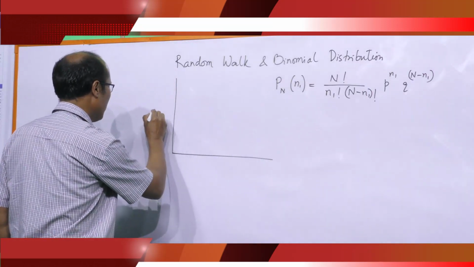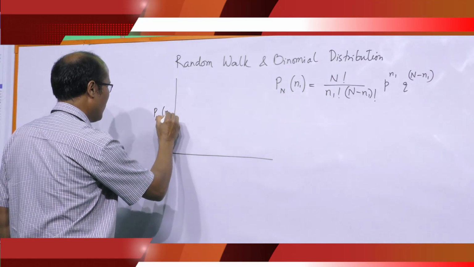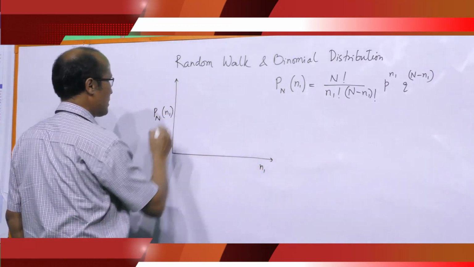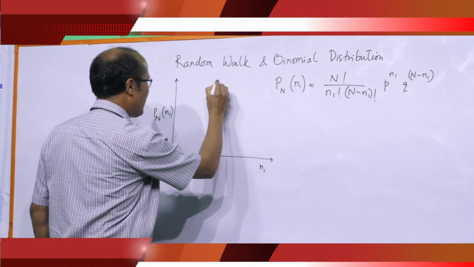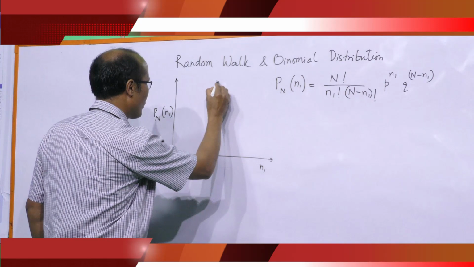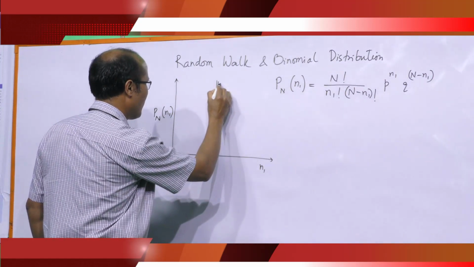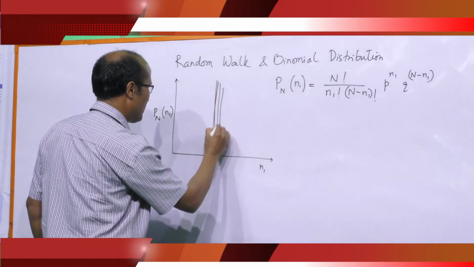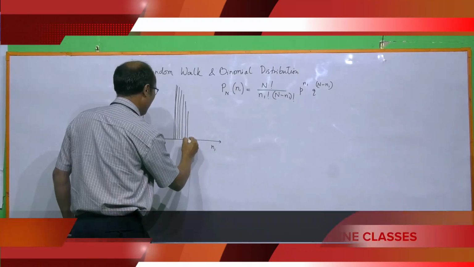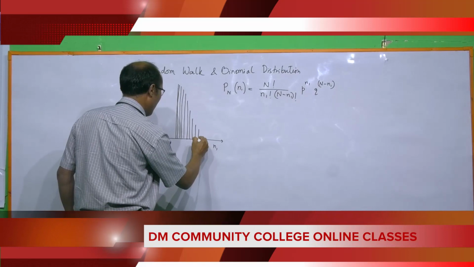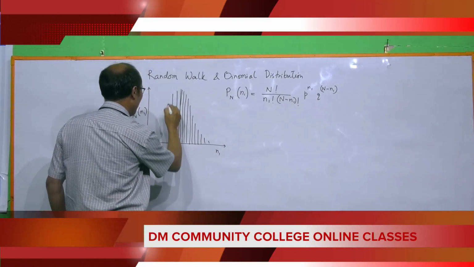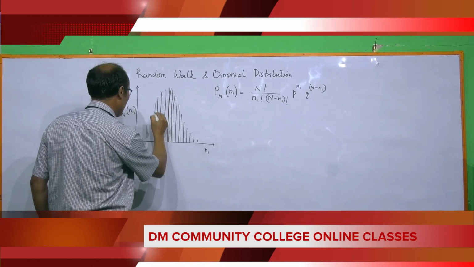And if we plot this P_N(n1) versus n1, we find that it is distributed about the mean. And remember that binomial distribution is a discrete distribution.